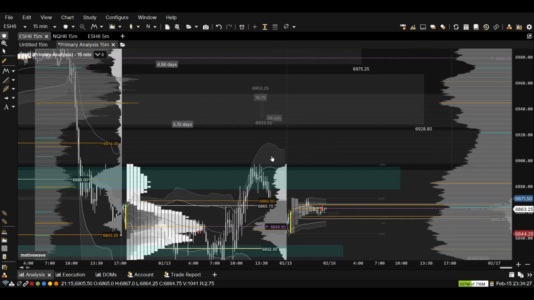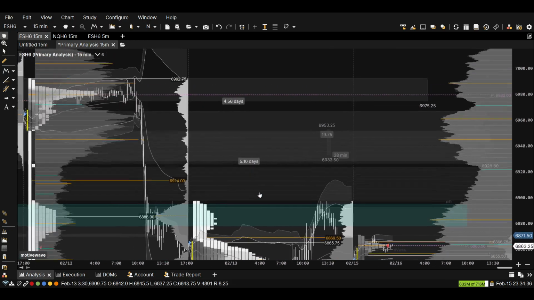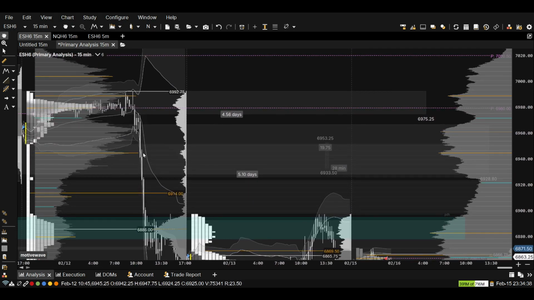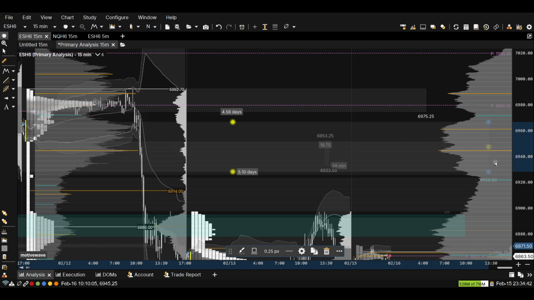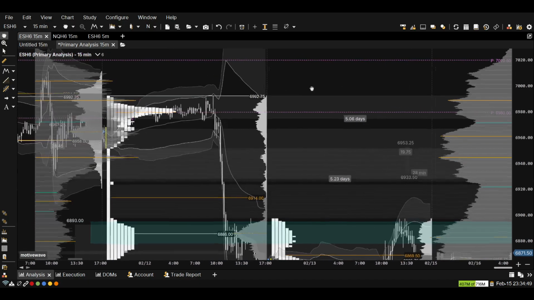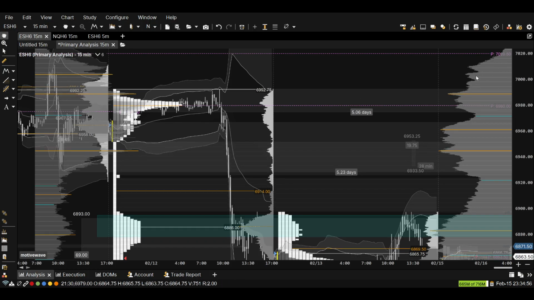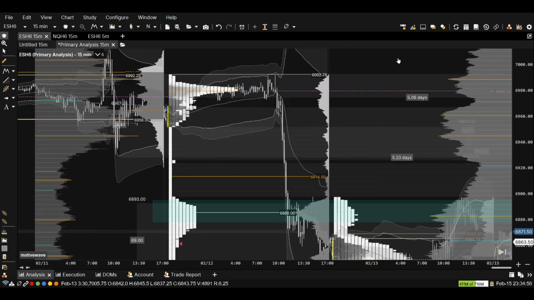After seeing that, I want to see acceptance above this and find this balance area. I have this balance area in two volume profiles, the 13 days composite and the 19 days composite.